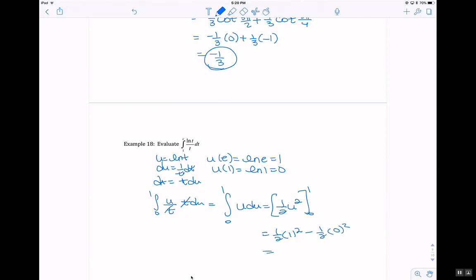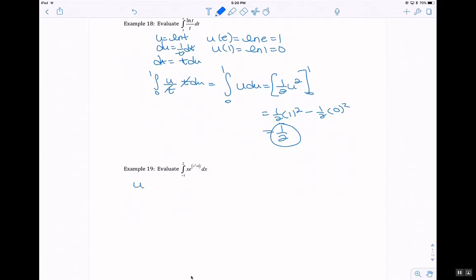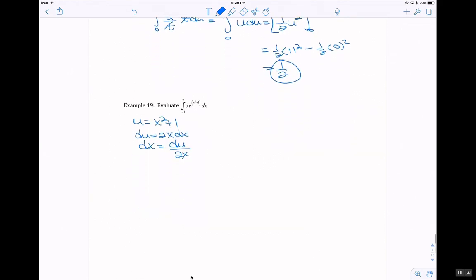And then the last one, u is equal to x squared plus 1, so du is equal to 2x dx, so dx is du over 2x. u of 2 is equal to 2 squared plus 1, which is 5. u of negative 1 is negative 1 squared plus 1, which is 2.